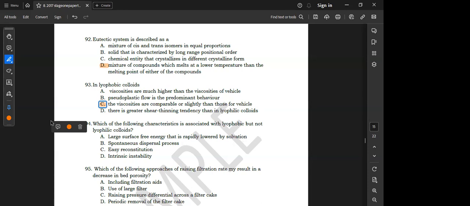Okay, from what has just been sent on the chat by AI, that means D makes sense. There's a greater shear thinning tendency compared to lyophilic. But I'm not sure. Maybe D is the answer. We can just mark that question. Okay, D, then you can mark.